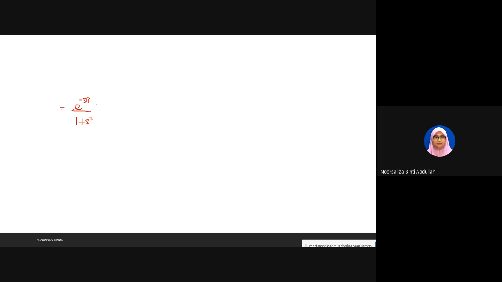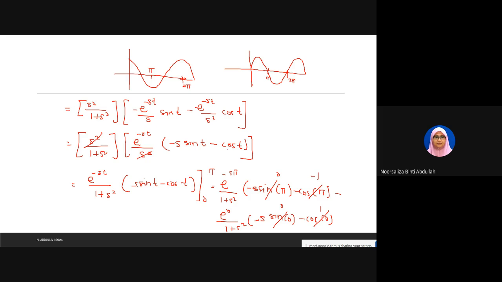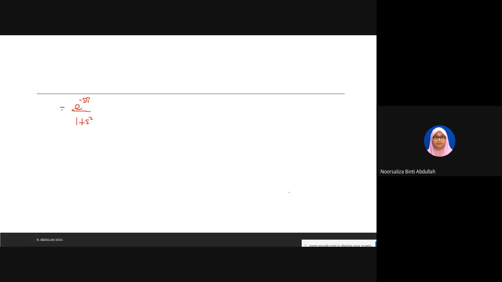Positif 1 saya tak tulis and then minus with exponent 0 is 1. 1 over 1 plus s square minus 1. So minus 1 minus, so plus.